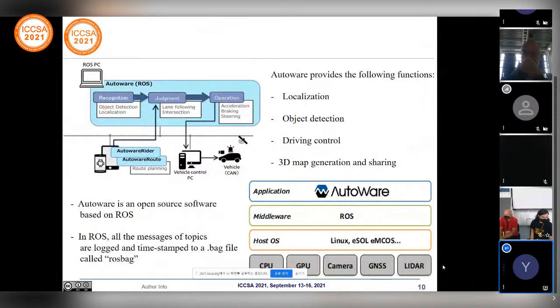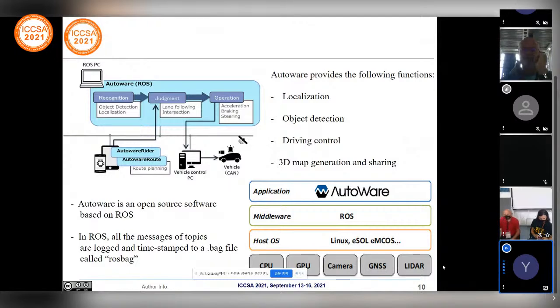Right. So let's talk about Fourier. Fourier is an open source software based on the Robot Operating System. In the Robot Operating System, all the messages of topics are logged and timestamped to a bag file called the ROSBAG. This can be used for replay of the messages with the 3D visualization tool for the Robot Operating System.